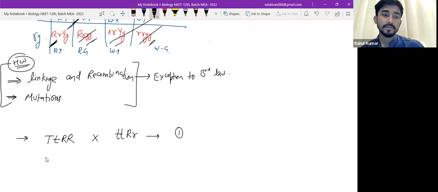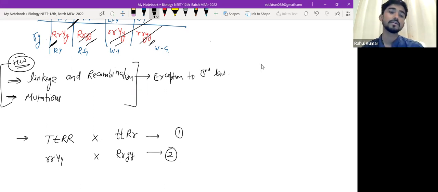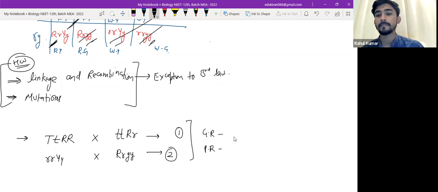Second, let's say wrinkled with hybrid yellow cross to wrinkled with. Just do these two to figure out whether you can make the cross. So they are the parents. You have to cross them and tell me in the next generation what the genotypic ratio and phenotypic ratio are. Is it clear, everyone? The homework?